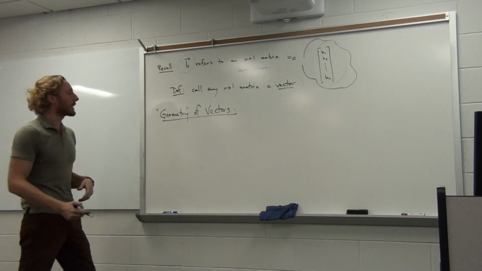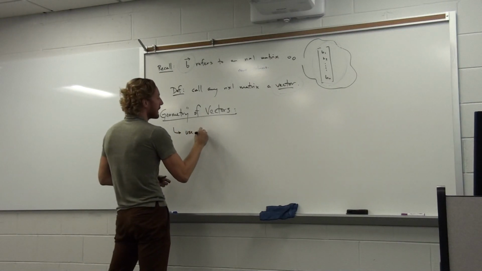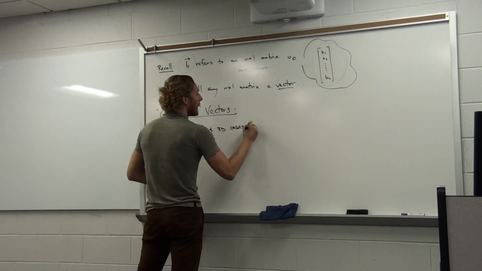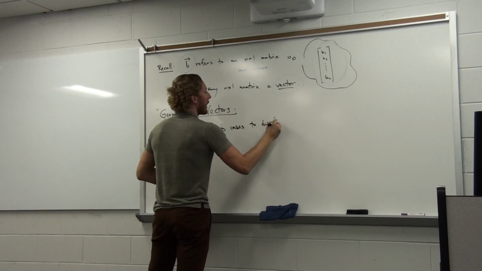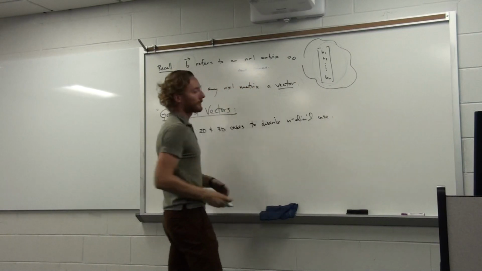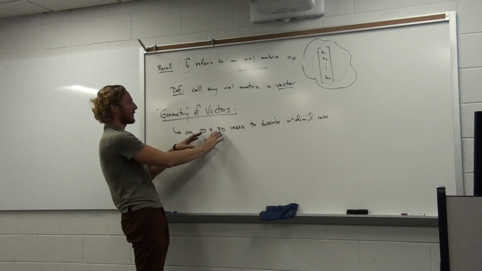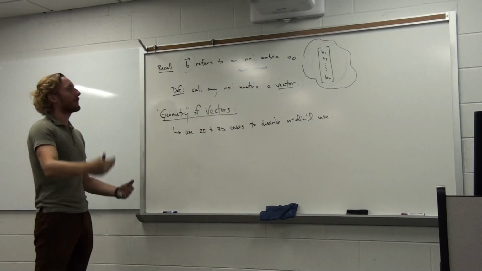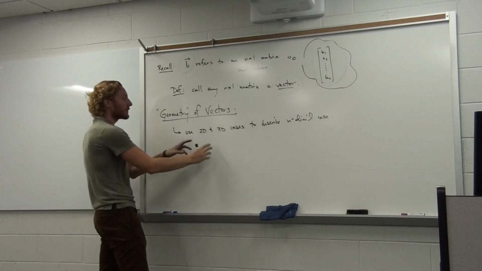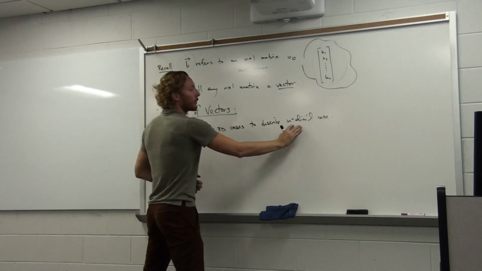So when we talk about the geometry of vectors, we're going to use what happens in the 2-dimensional and 3-dimensional cases to describe the n-dimensional case. Ultimately, we're going to take the circumstances that we can see and build up from that to the circumstances that we can't. That's why I put geometry in quotes here.